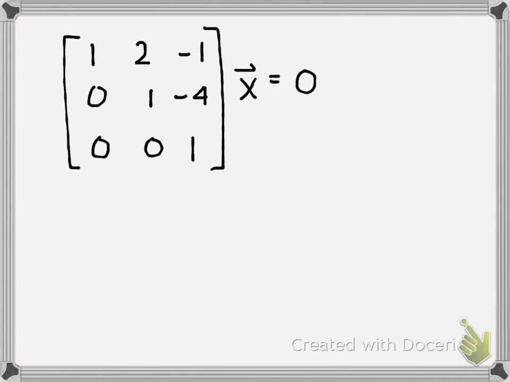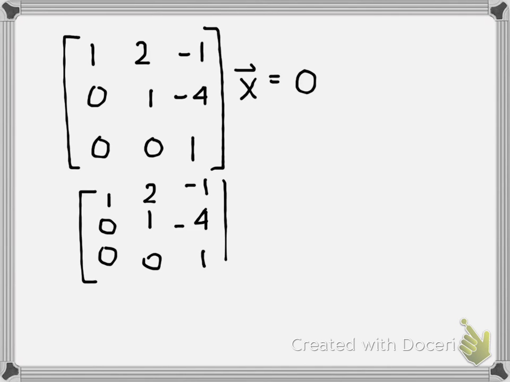Remember, this is just like taking our matrix, augmenting it with all zeros, and then row reducing. We augment it with all zeros. This is row equivalent to.